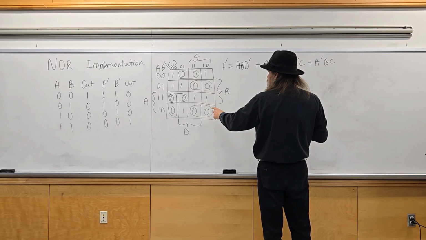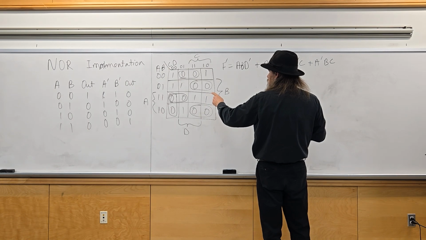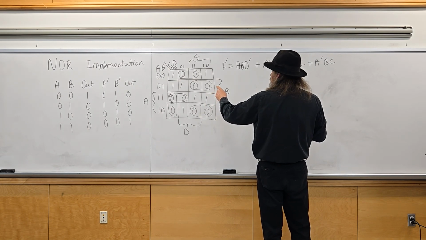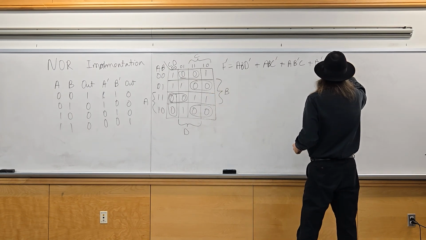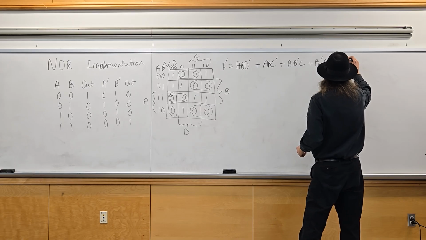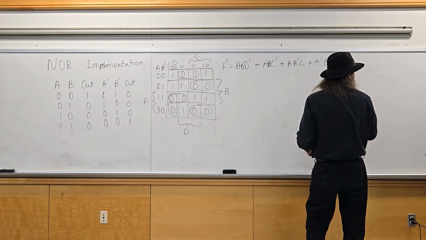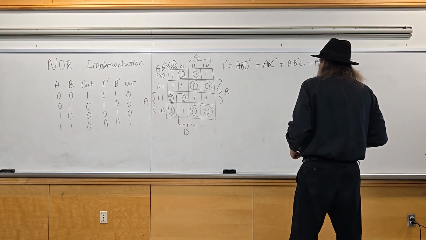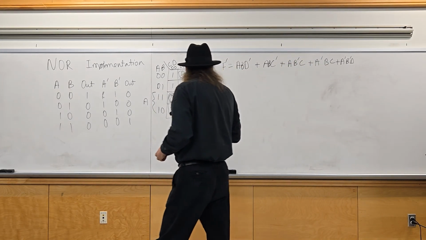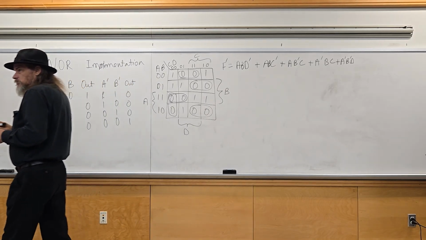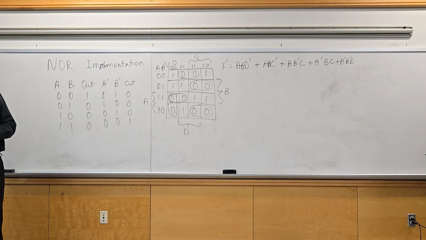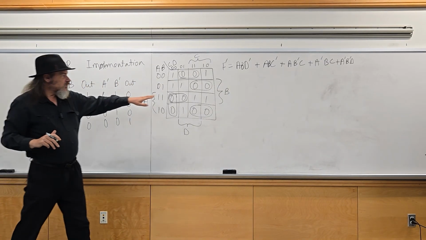Which one am I missing? Not A, not B, D. All right. Everybody see how I got that? And that's the grouping of the zeros.